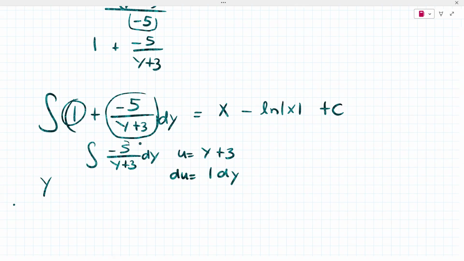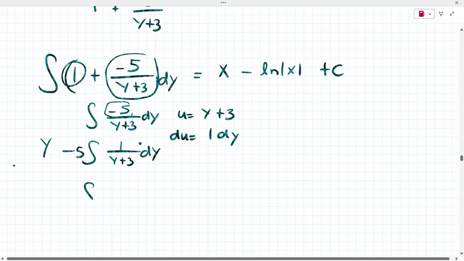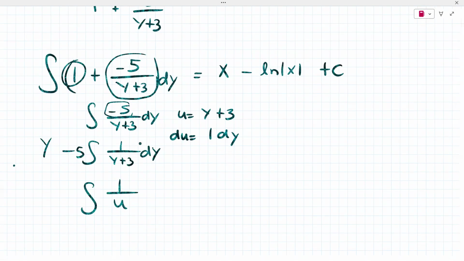Yeah, maybe we should get rid of this -5 as a constant, so maybe bring that down. And then it's just 1 over y plus 3 dy, because that's much easier. And that's 1 over u, and then our du is 1 dy, so we don't have to cancel anything. You just replace dy with du.